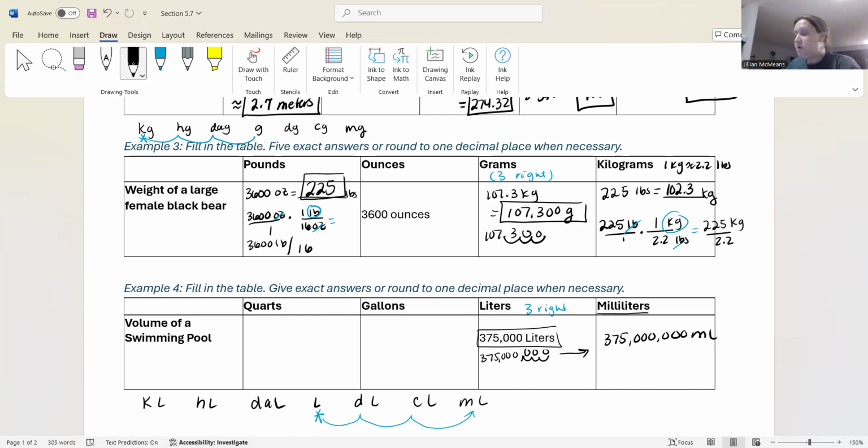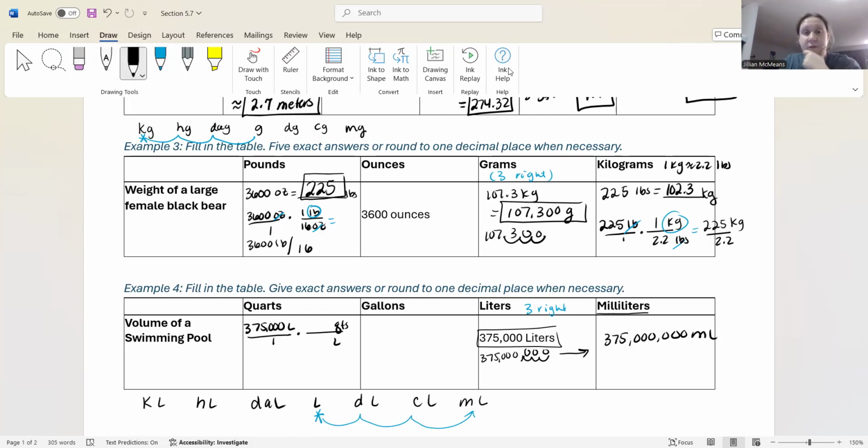Okay. Now, when we swap over from metric to US, the most likely conversion is going to be liters and quarts. Okay. So we're now going to take 375,000 liters and we're going to convert it to quarts. Okay. Now, we've already done a quarts and liters conversion, but let's go back to our conversion sheet just to remind ourselves.